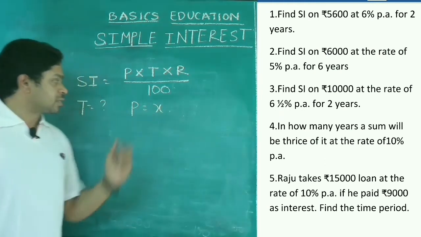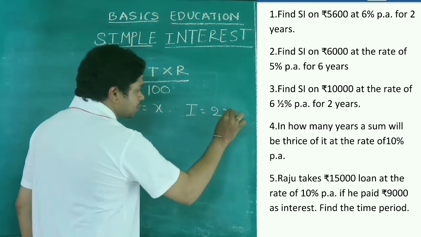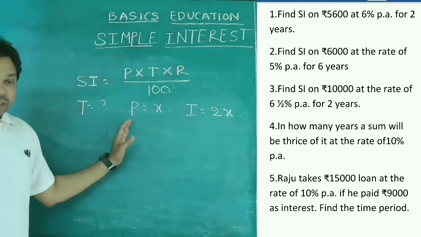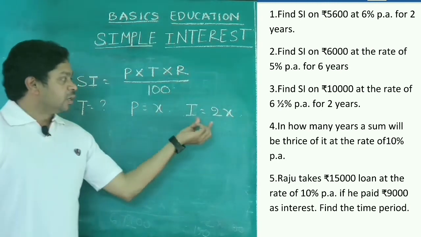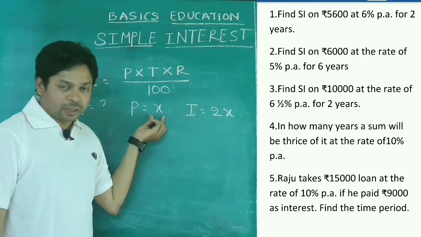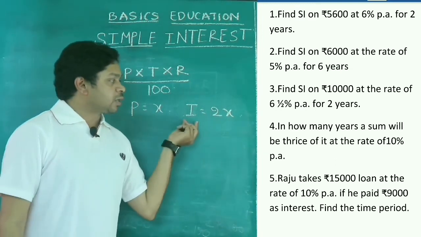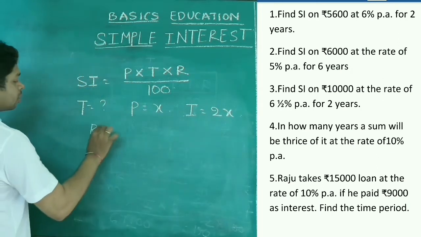The total interest should be 2x, because how many years the principal amount total should be thrice means if the interest is 2x and the principal is x, the total amount should be 3x. So that's why the interest is 2x and rate, what is the rate he has given? 10% he has given.